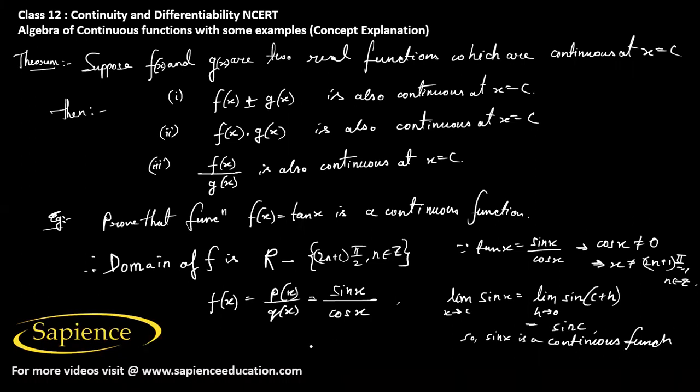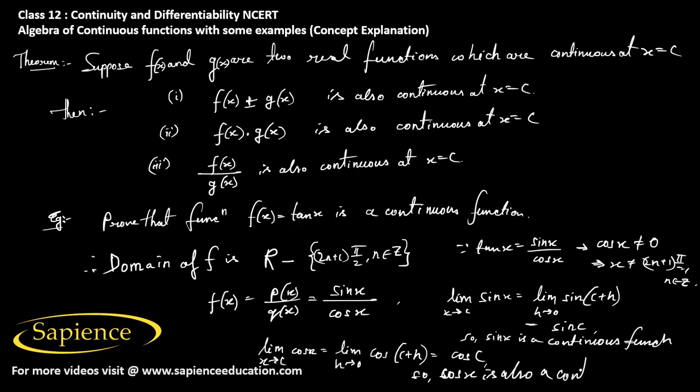And then similarly, if I do limit x tends to c cos x, then this is also limit h tends to 0 cos of c plus h. So that will be also equal to cos c, so I can say cos x is also a continuous function. And these values of x, which are odd multiples of pi by 2, we should not take.